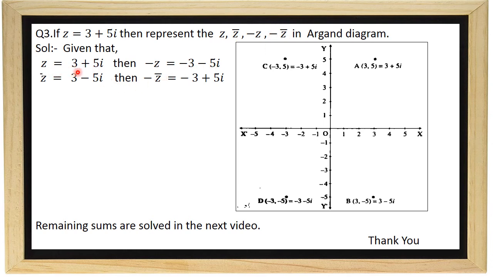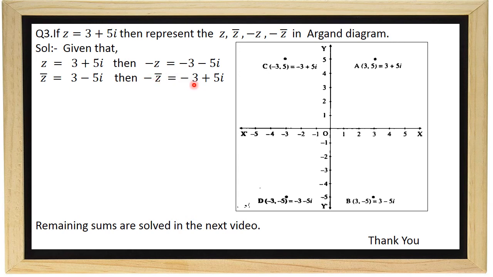Minus z is obtained by multiplying z by −1, so both real and imaginary parts are multiplied by −1, and we get −z = −3 − 5i. The conjugate of z is obtained by reversing the sign of the imaginary part, giving 3 − 5i. Minus z conjugate is obtained by multiplying z conjugate by −1, so we get −3 + 5i.